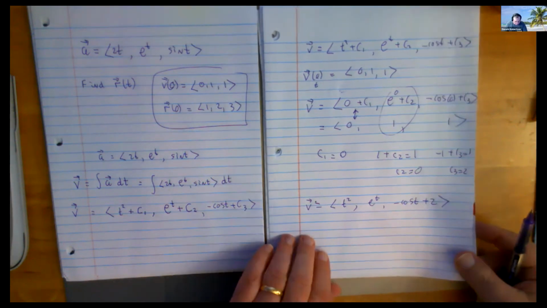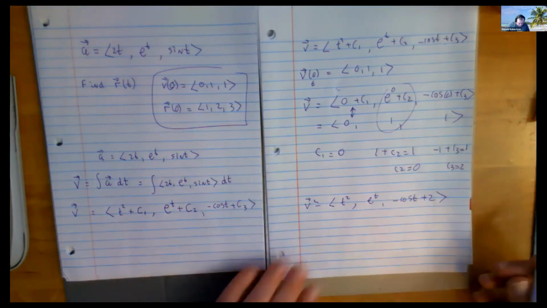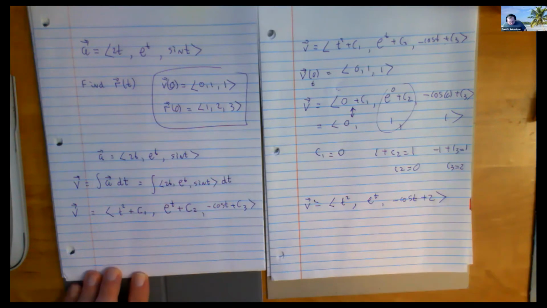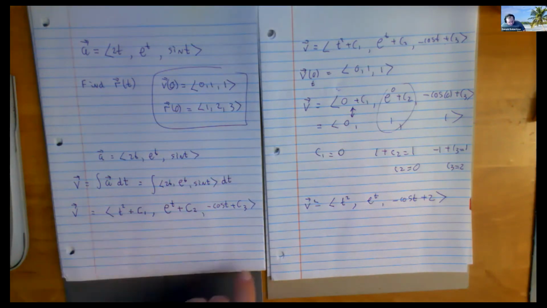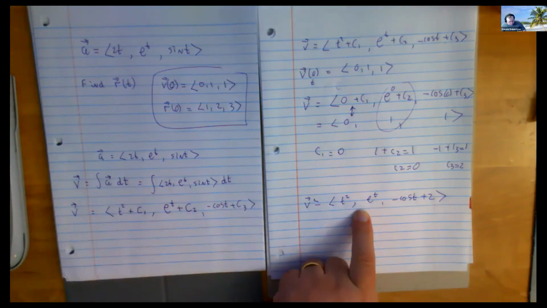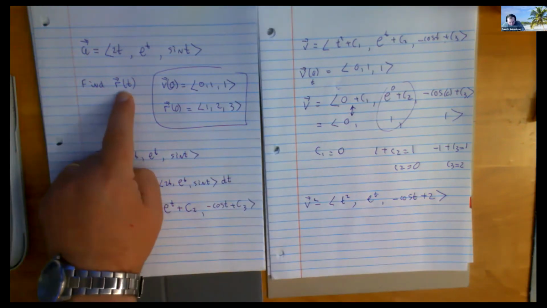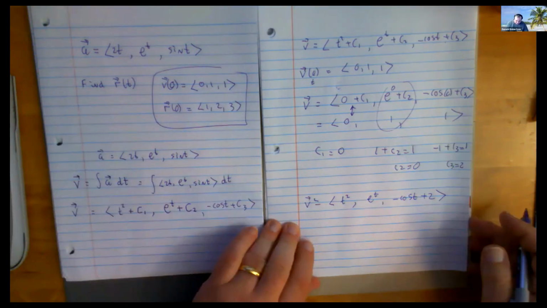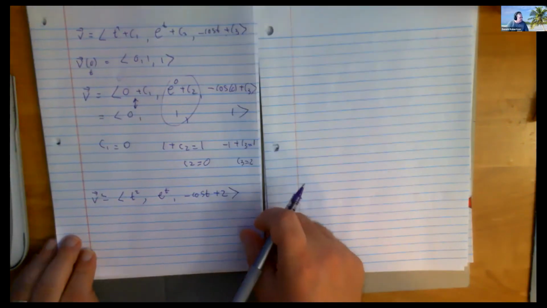So we now know our velocity vector, right? But that might be the question. The question might be, here is your acceleration vector, find the velocity vector. Well, we're done. But the question was, find the position vector.